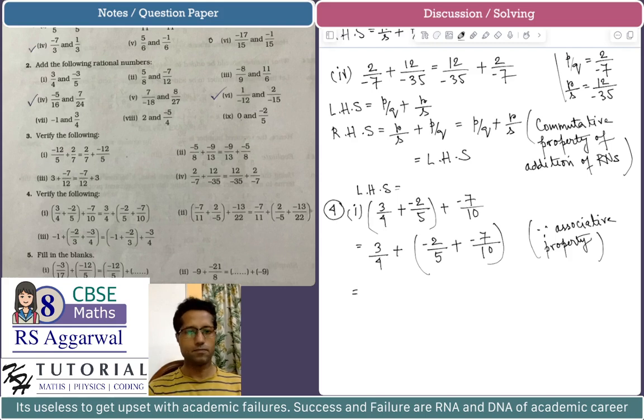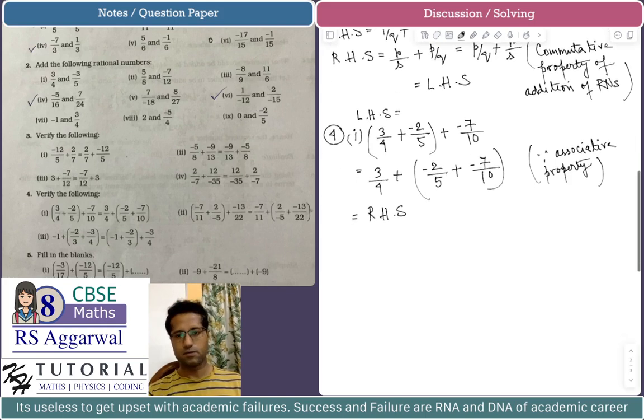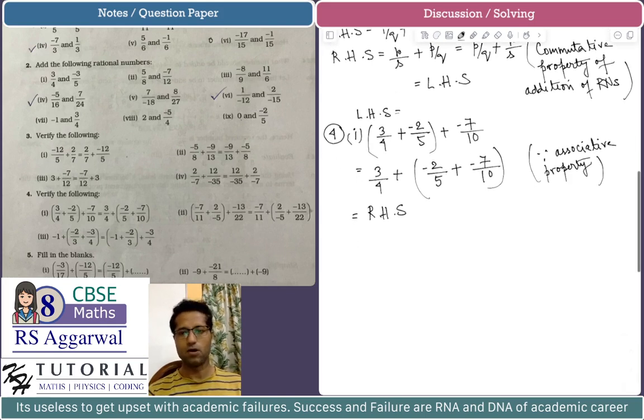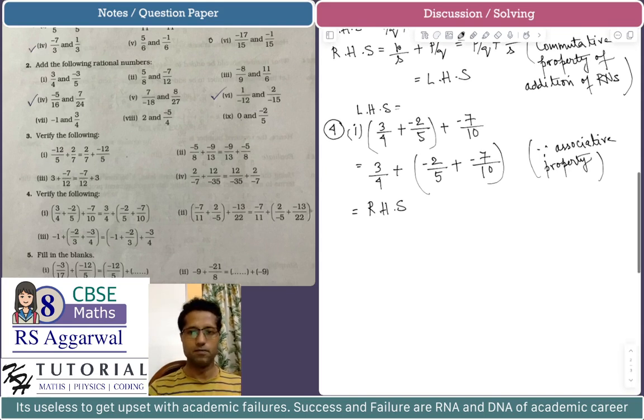Now what is this? What was given to prove? This is the RHS of the given equality to prove. Okay. So in all the parts, you can apply the same concept using the associative property or associative law of addition of rational numbers. Let's do part 3.